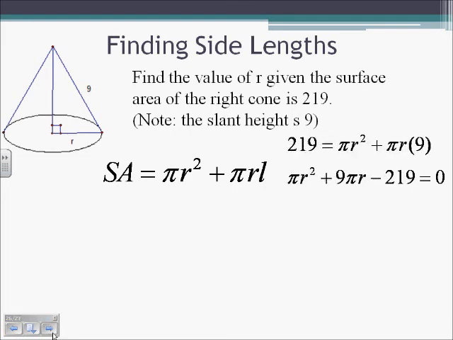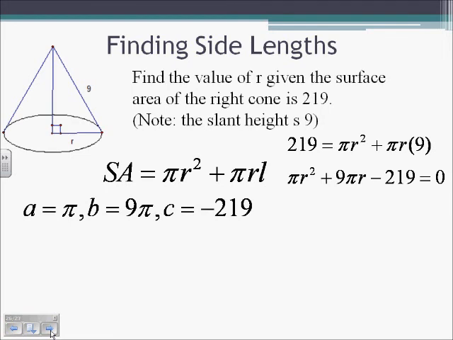So we plug what we know in. Surface area is 219. That's going to equal pi r squared, we don't know r, plus pi r times 9. Reordering, subtracting our 219 over to get our 0: pi r squared plus 9 pi r minus 219 is going to equal 0. So we know we can use the quadratic formula again.